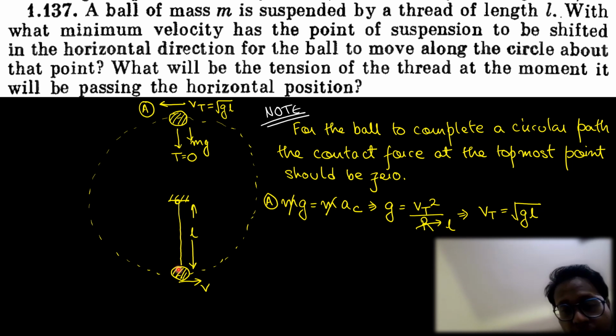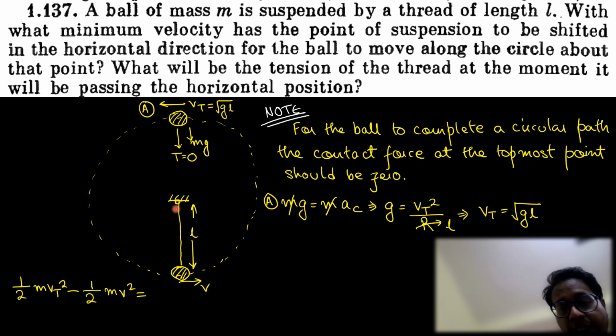Now my question is, what should be the velocity at the bottommost point? Can I relate this point and this point? I'm applying the work energy theorem between these 2 points, the top point and the bottom point. The final kinetic energy is half m vt square, minus the initial kinetic energy, half m v square, is equal to the work done. The only force doing any work here is gravity.